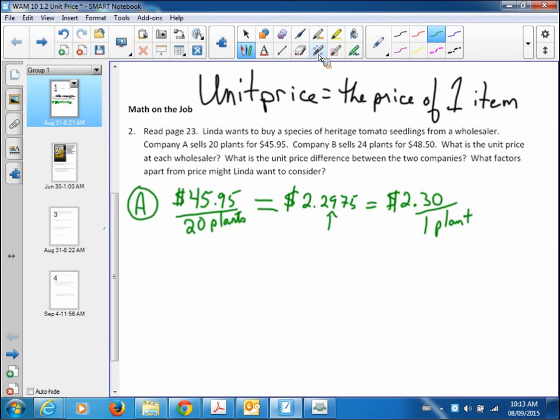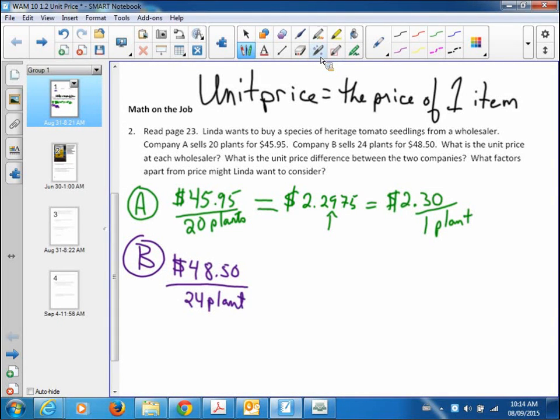And that's per one plant. That's from Company A. Then Company B sells 24 plants for $48.50. Well, let's figure that one out. Same idea, the total price, $48.50, divided by the 24 plants you get for that price. Right off the bat, we'll round to 2 decimal places on this one.